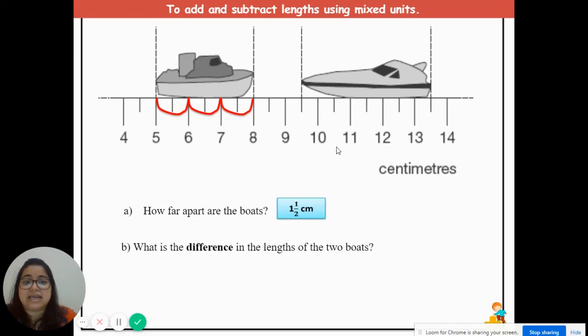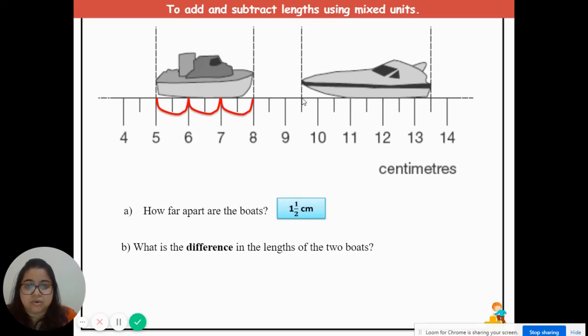Now similarly, let's see the length of this boat. If you notice, this is not on these larger lines. It is on the smaller lines. But the distance between this line and this line is also 1 centimeter. Correct? If you only see this point to this point, it is half. And this point to this point, it is again half.